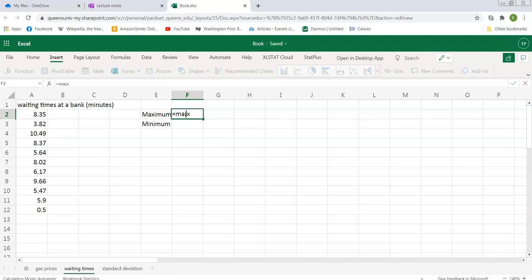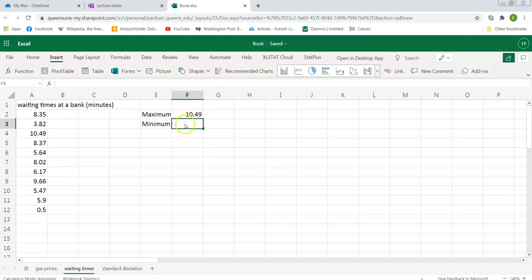The function for the maximum is max. And you just select your data. It tells us that the maximum data point is 10.49.